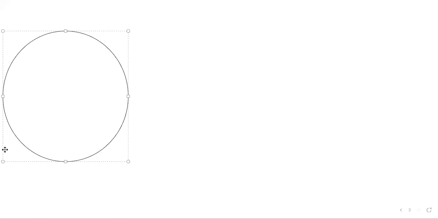Let's have a look at this diagram here. We have a tangent here, the tangent there.